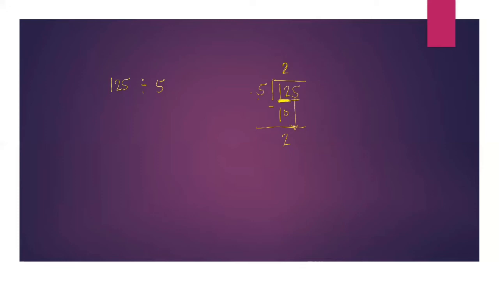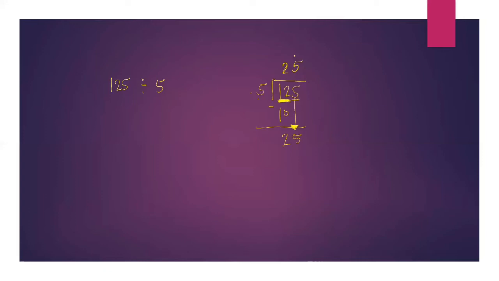Ayan. So, pag binring down natin yung 5, magiging 25 yung ating value. Ngayon, can we divide 25 by 5? Yes. Since yes, let's divide. 25 divided by 5 is 5. After natin makuha yung partial quotient, let's multiply kung ano lang yung sagot natin.